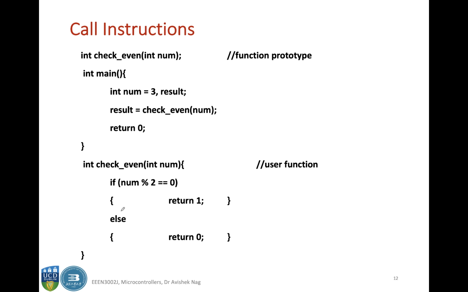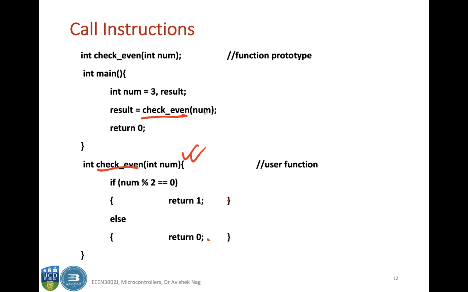Okay, and for that usually you write a different function which is checking if the number is even, and if it is even then it returns 1, if it is not then it returns 0. Okay, so every time in your main code, if you want to check a number whether it's even, you can call this function many times.